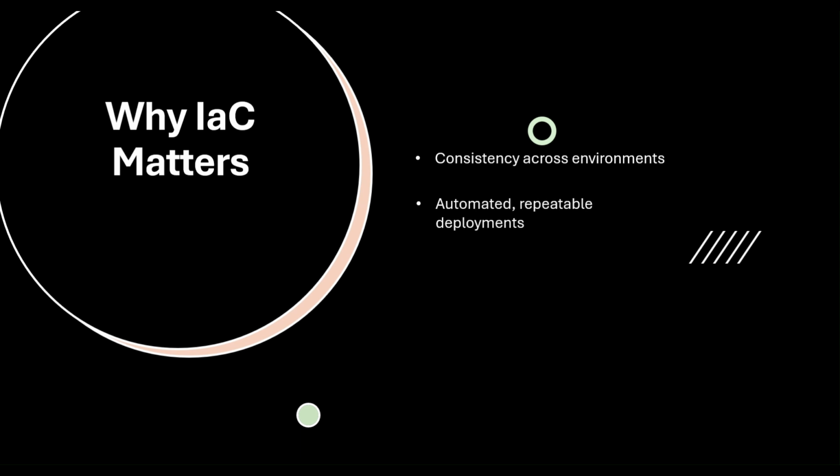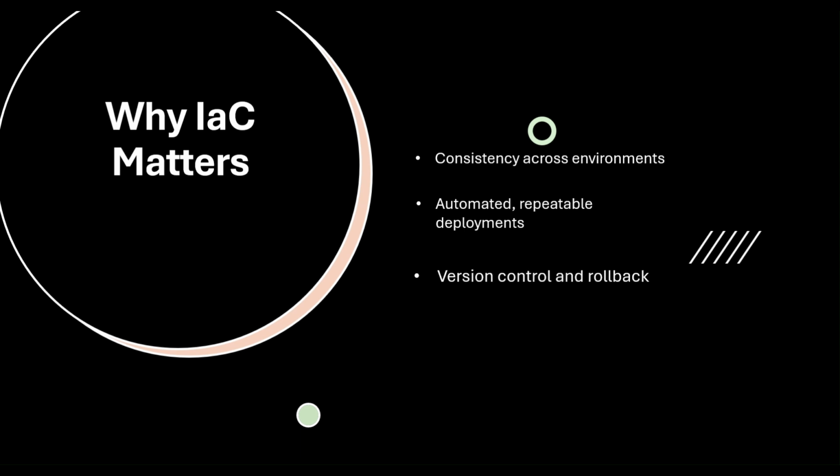It also automates repeatable deployment. So if you need to provision the same infrastructure in one environment, and you have to repeat the same configs throughout different environments, you can repeat it in an automated fashion through infrastructure as code.